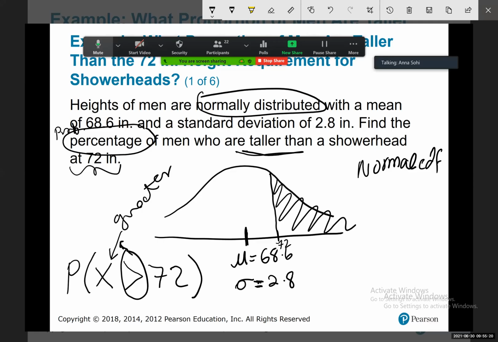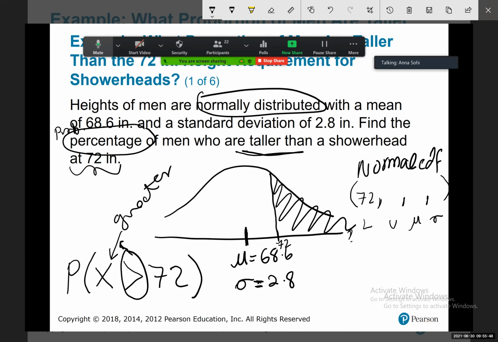So I want you to fill in, before I fill it in, the same thing as we did: lower, upper, mu, sigma. Lower is 72.